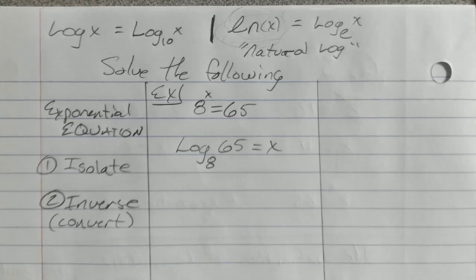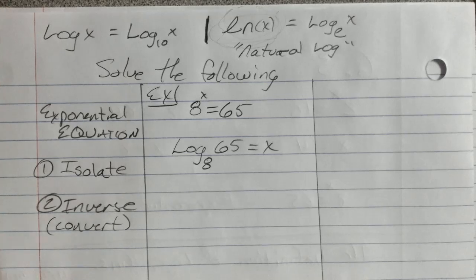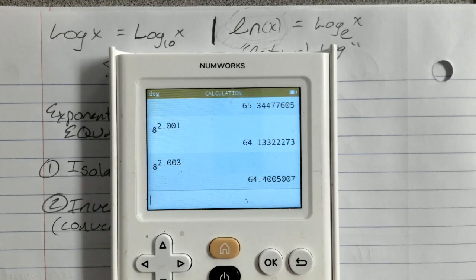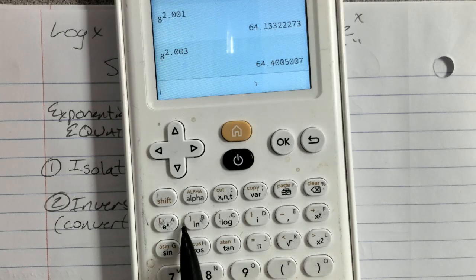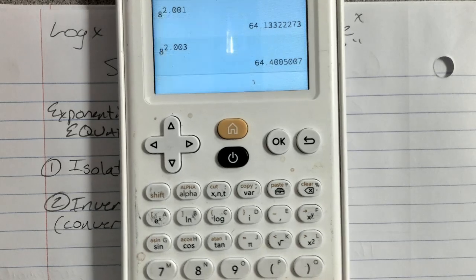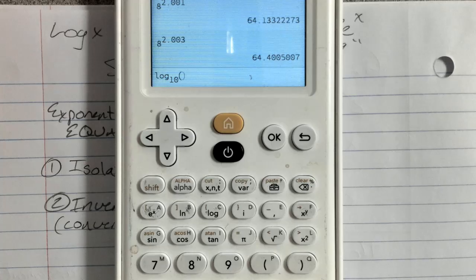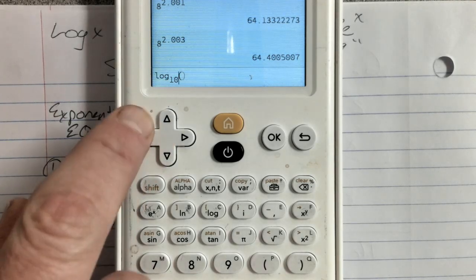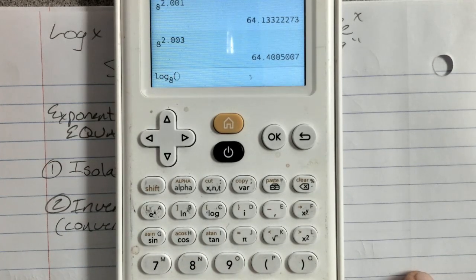All of this is to say, in my calculator, I only have 2 buttons. I have log base 10 and log base e, known as the natural log. Now, back in my day, you didn't have fancy calculators. When you press log, you get base 10. I didn't have a calculator where I could scroll over, delete the numbers, and put an 8 down there, so I've changed the base to an 8.